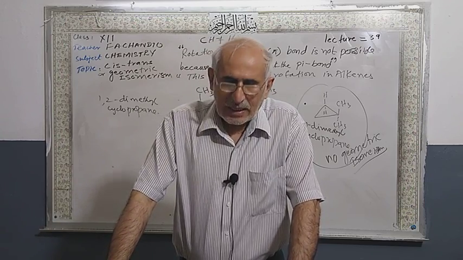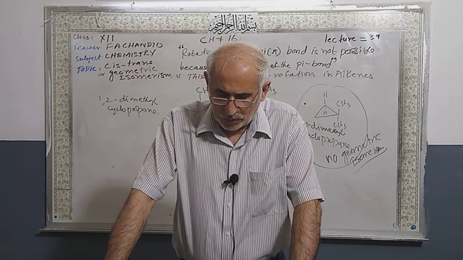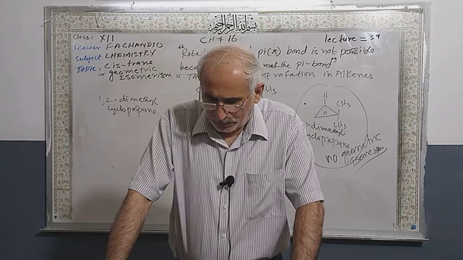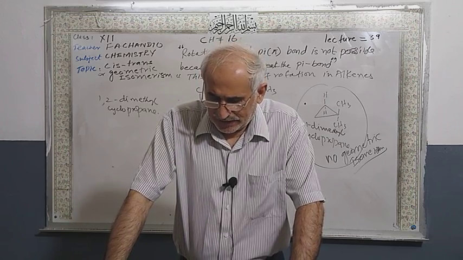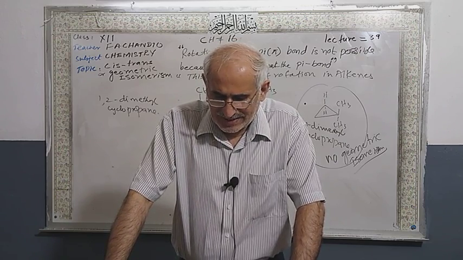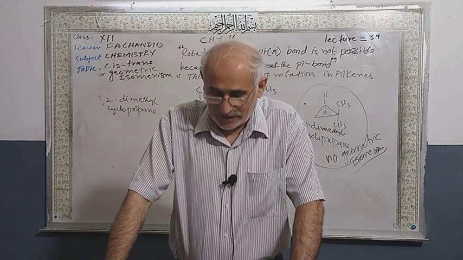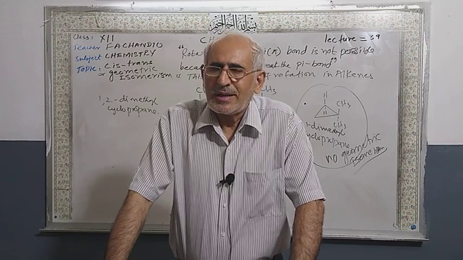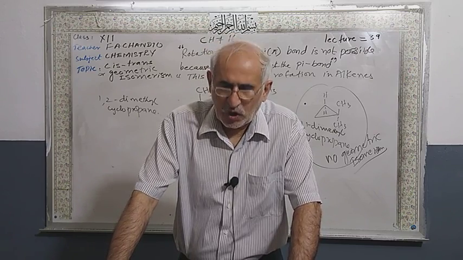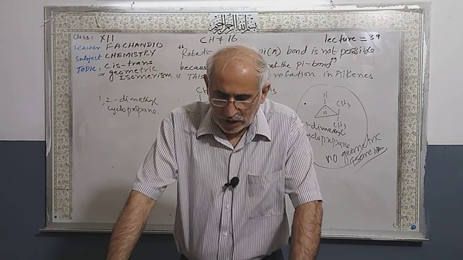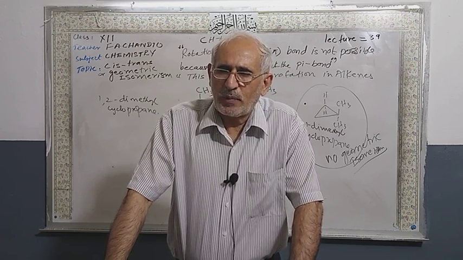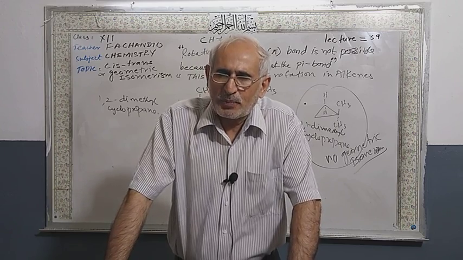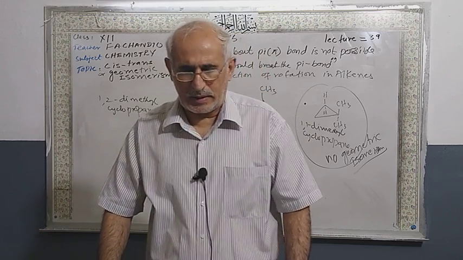This is because in the cis isomer, the bulky groups are on the same side of the double bond, and the steric repulsion of the groups makes this isomer less stable than the trans isomer. In the trans isomer, the bulky groups are on the opposite sides of the double covalent bond, so there is very little steric repulsion between them.